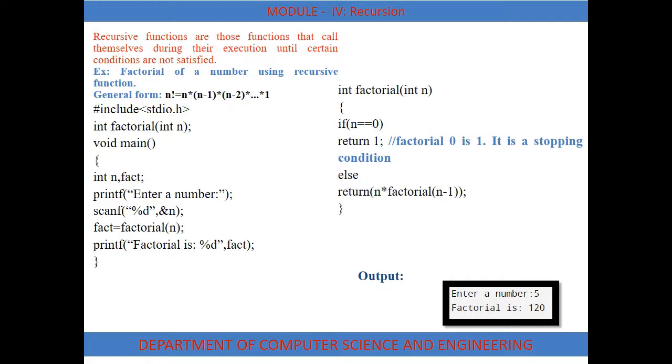Now the code is return 5 into return 4 into return 3 into return 2 into 1 into factorial 0. For the function factorial, we are passing the n value as 0. Now check the condition: if n equal to 0, n is 0. Is 0 equal to 0? Yes. Return 1. Now factorial of 0 is replaced by 1.